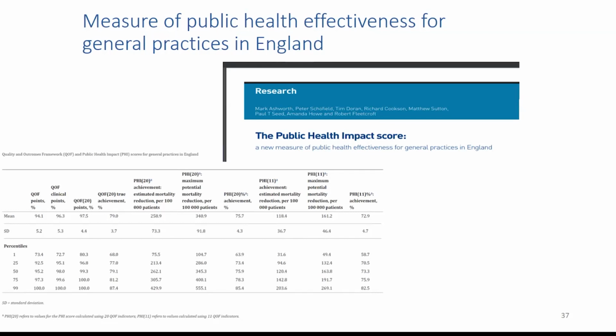But a lot of this data is really at practice level, and I think the study was back in 2014 and outdated. I think it's really important that we come up with new methods to look at the cost effectiveness of these various interventions we undertake within primary care and ensure that not only are these interventions well funded, but they also address health inequalities and don't necessarily perpetuate them.